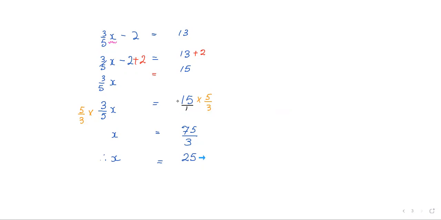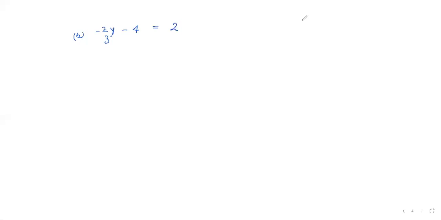So we are going to do another example, which looks like -2 over 3 y minus 4 is equal to 2.